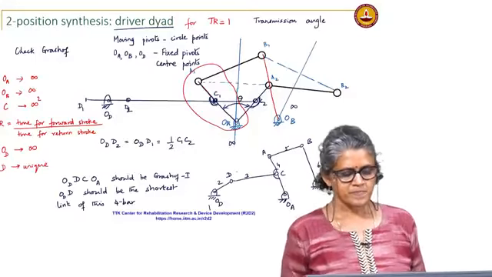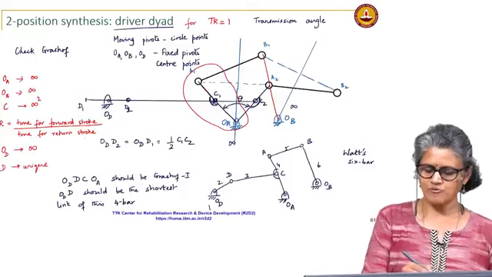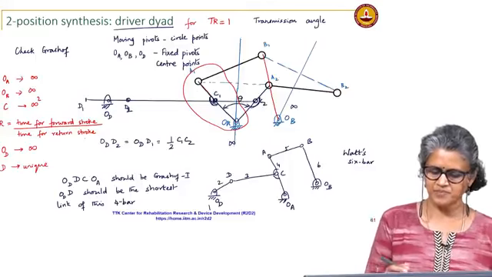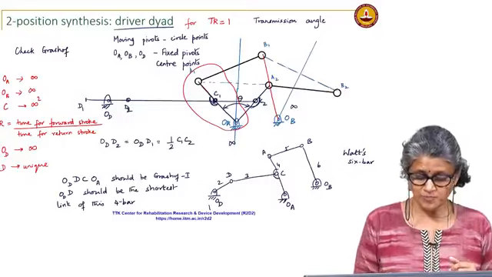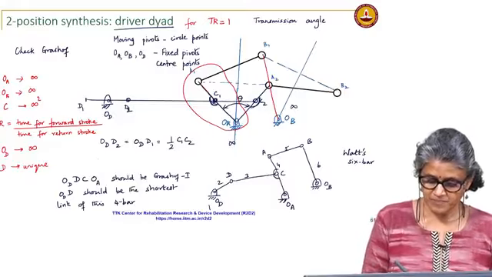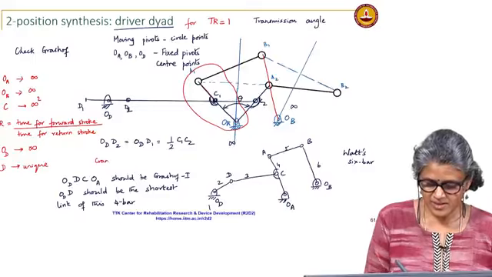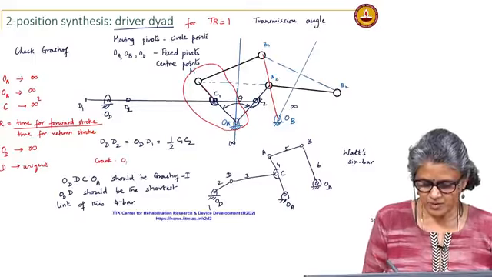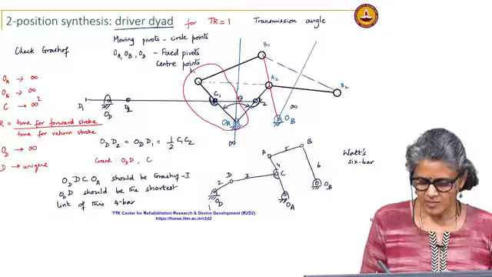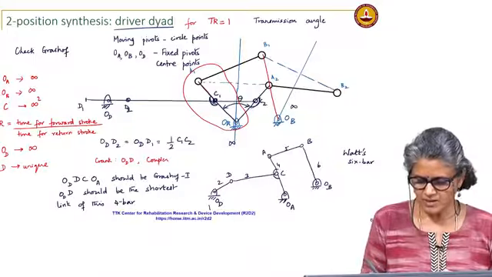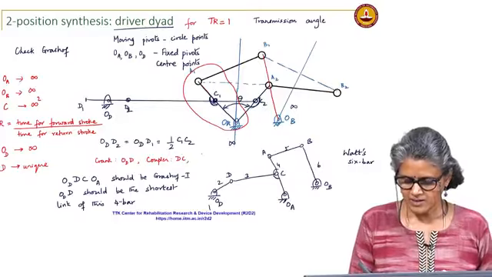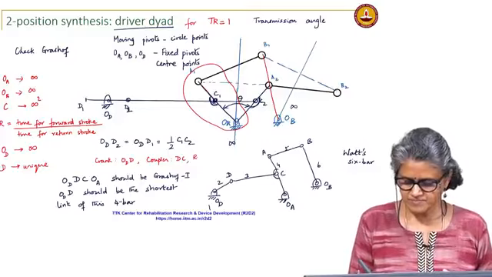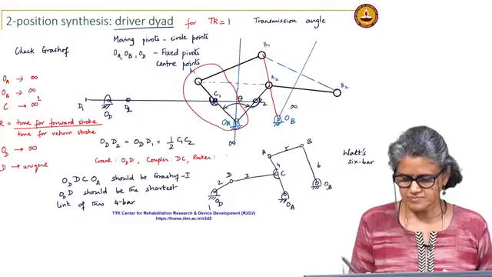So, for this linkage, my crank length is ODD, my coupler is DC, and the rocker is COA.